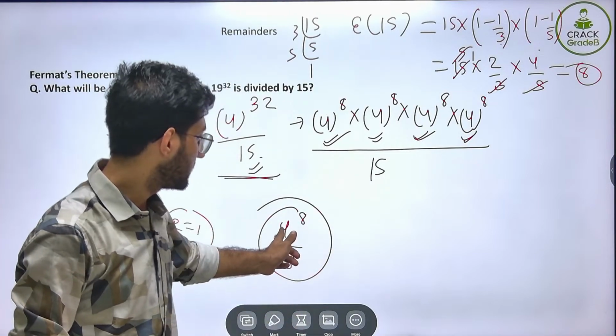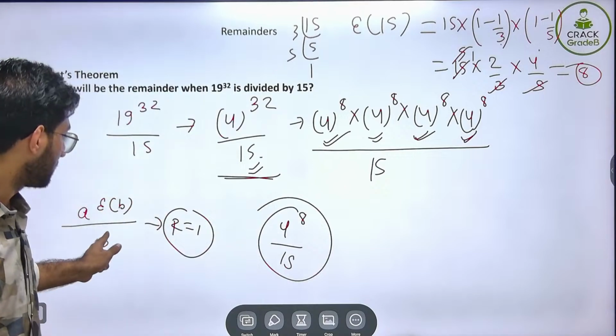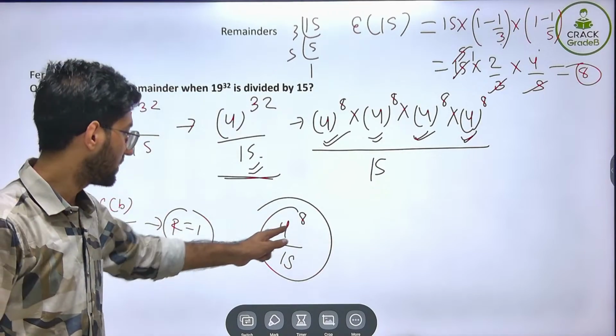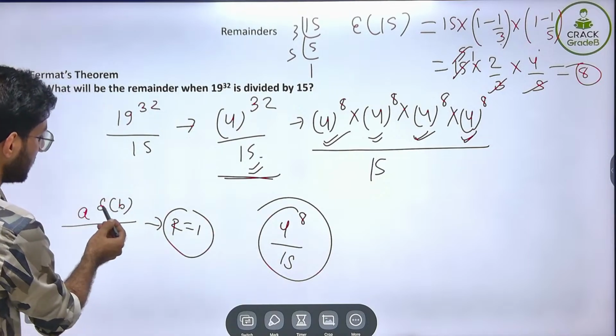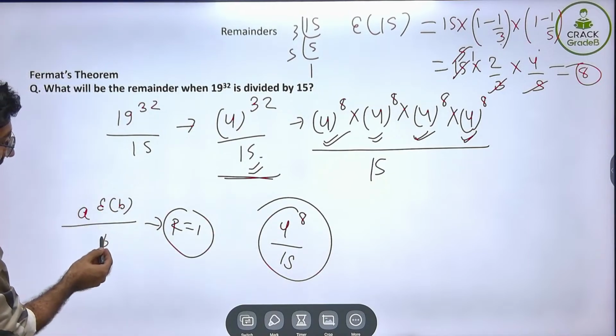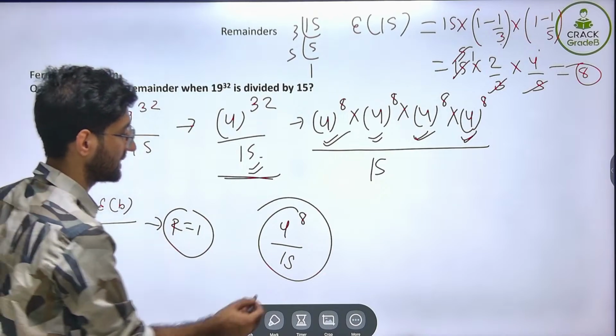So if you divide a to the power Euler number of b by b, this is the same case. 8 is the Euler number of 15. So if you divide a to the power Euler number of b by b, you get a remainder equal to 1.